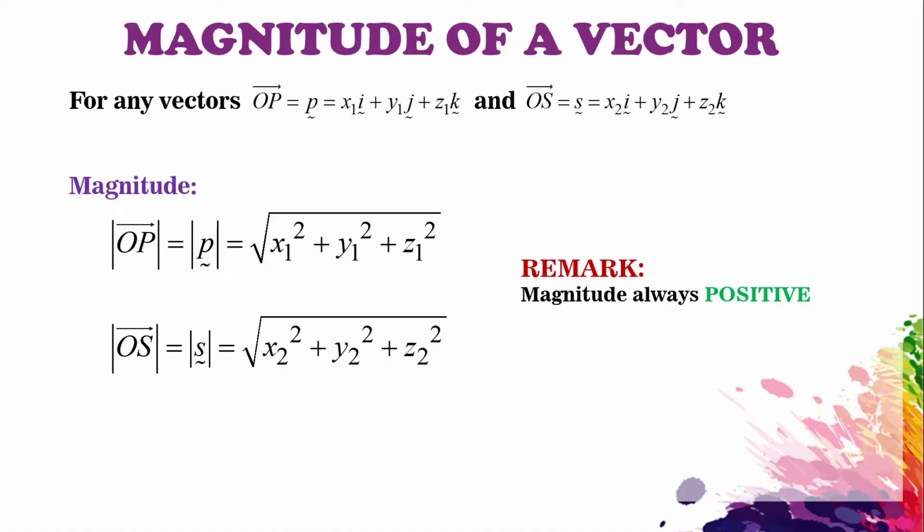So in order to find the magnitude of OP, we denote it as modulus of OP equal to the square root of x1 squared plus y1 squared plus z1 squared. Whereas modulus of OS, which represents the magnitude of OS, equals the square root of x2 squared plus y2 squared plus z2 squared. The important thing you need to remember about magnitude is that it is always positive.